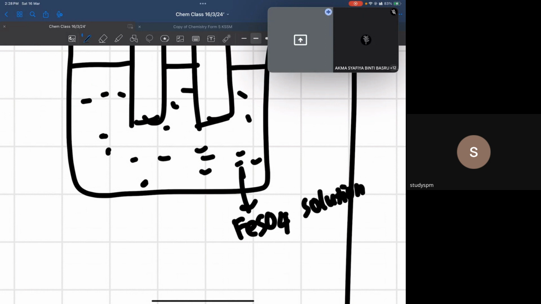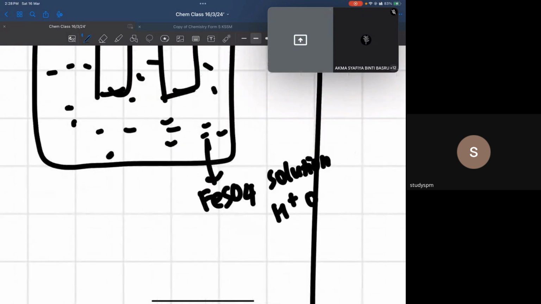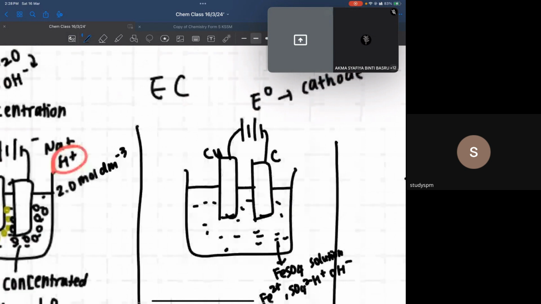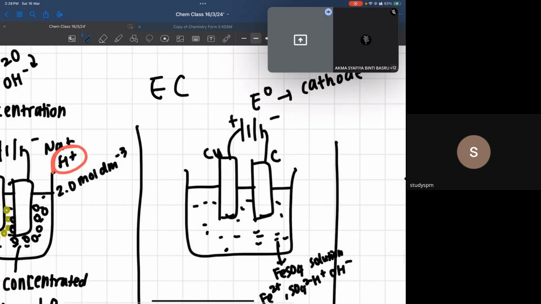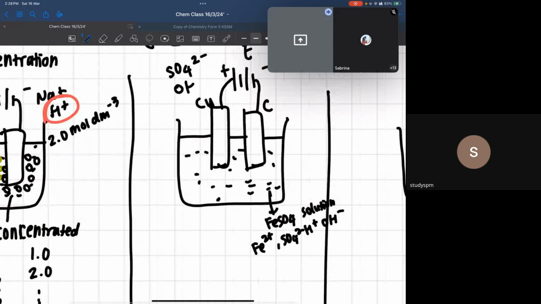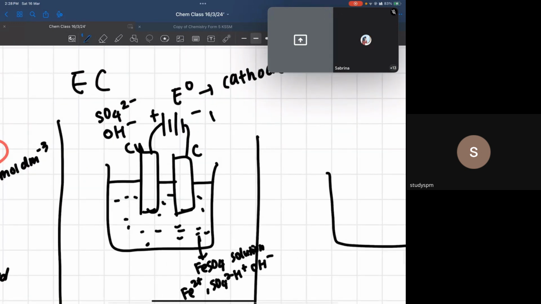We know already, the solution has Fe2+ and sulfate ion. This one is positive, this one negative, so attracted to the sulfate ion. What else? Hydroxide ion. This one has a small surprise, not that surprising actually.